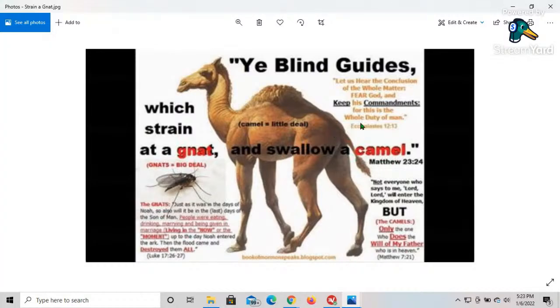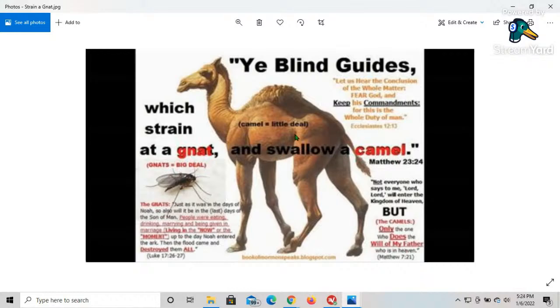And they just don't realize that they're trying to strain a gnat, get every little detail right, and they're missing the whole camel. They're swallowing the camel. They're swallowing the big lie, trying to get science. This is their science right here is the gnat. They're straining the gnat. That's their science.